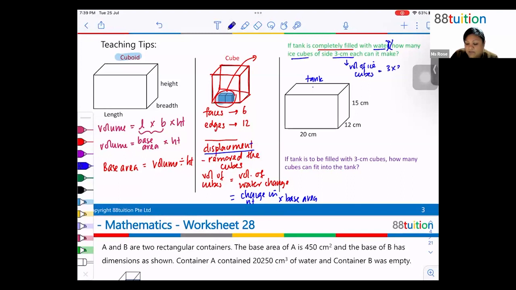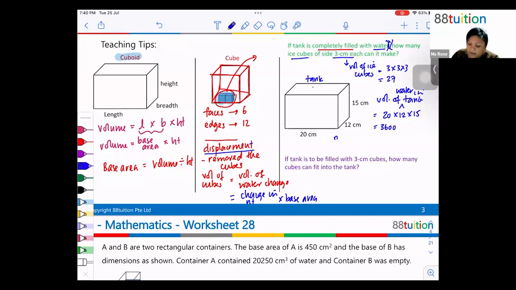In this case it would be 27. Then you find the volume of the tank, or volume of water in the tank, which is 20 times 12 times 15, to give me, anyone? To give me 3,600 cm cube.